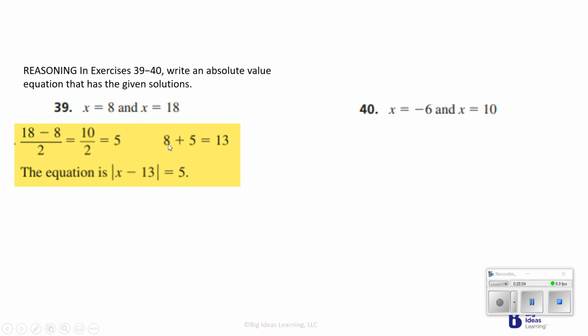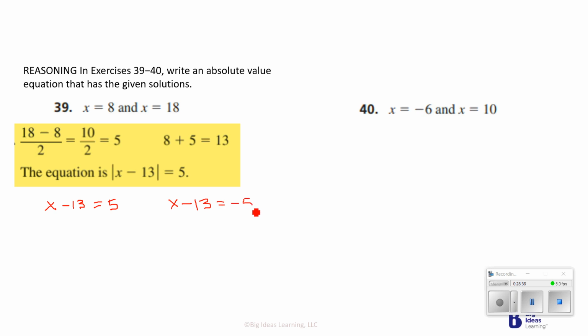But over here, we're going to take that 5, minus it from 18, and that's going to give us 13. So we can put the absolute value of x minus 13 is equal to 5. And you can see where the solution is going to come up now from doing this. If I was to do this, I would have x minus 13 equals 5, or I could have x minus 13 is equal to negative 5.